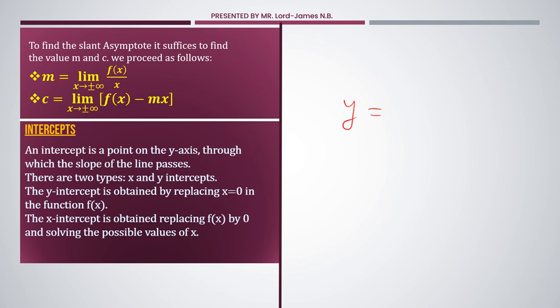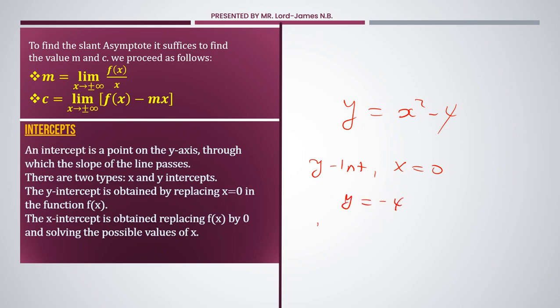Let's take another case, y equals x squared minus 4, and you wish to calculate the intercepts. For the y-intercept, x is equal to 0, so we replace x with 0 here and we just get y equal to -4.